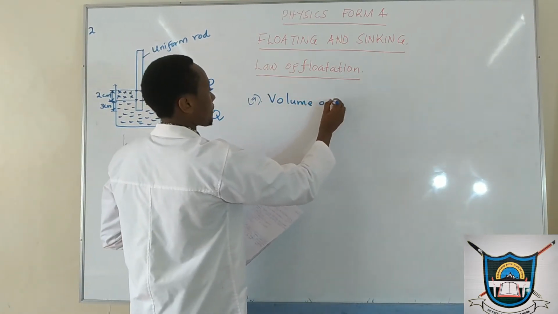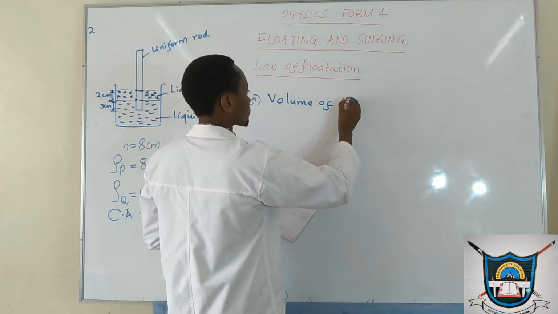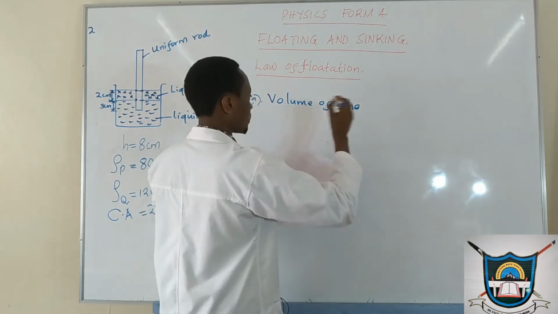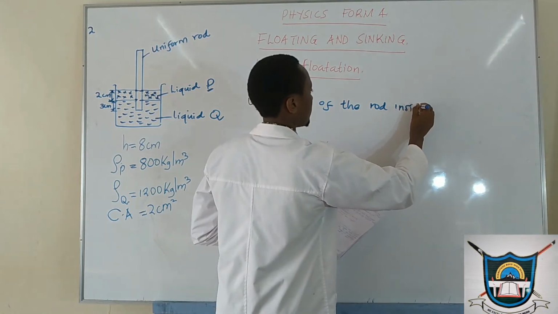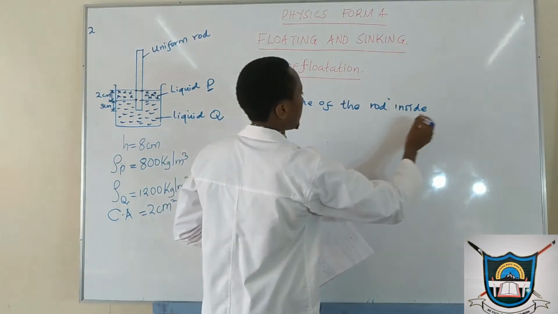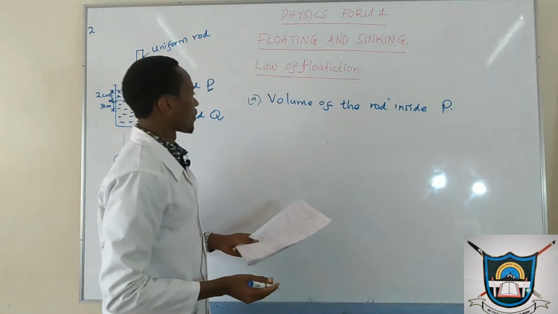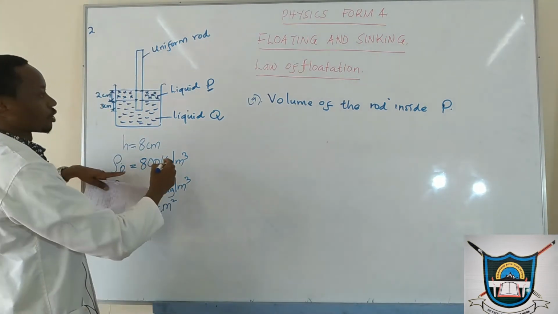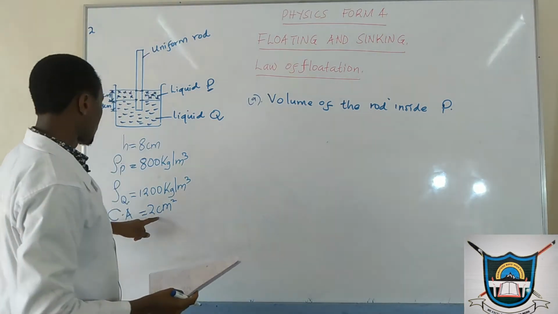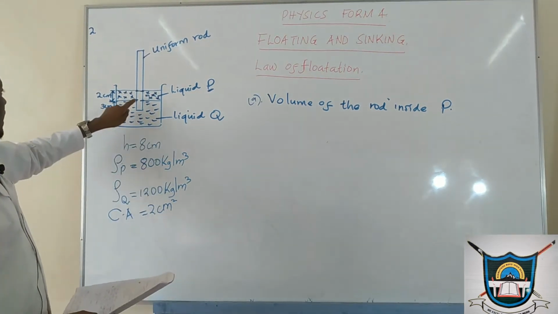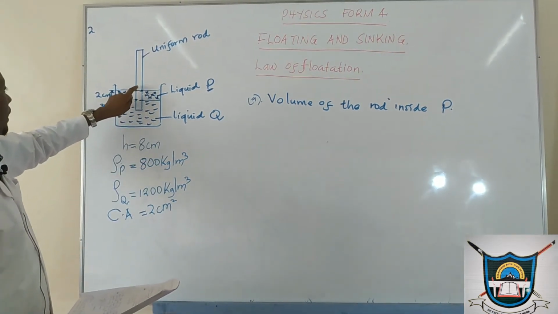The volume of the rod inside liquid P will therefore be given by cross-sectional area times height. The cross-sectional area of this rod is 2. The height which is in liquid P is 2.